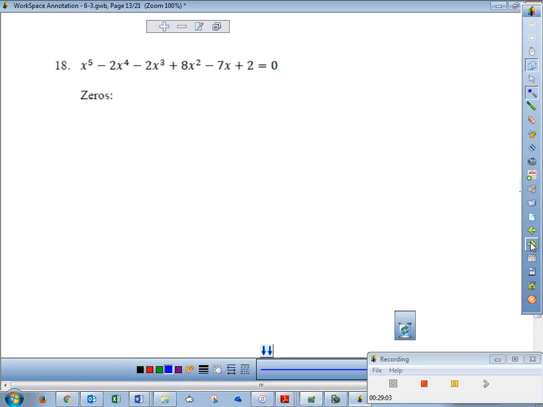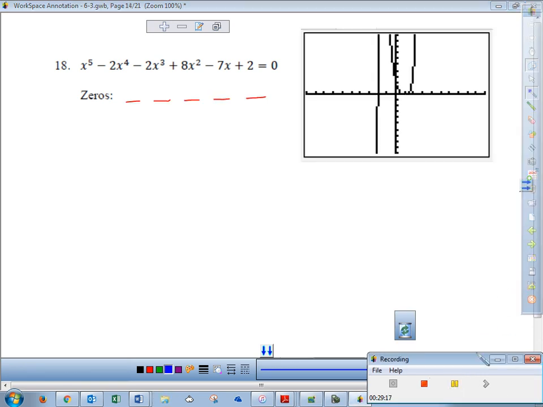Let's graph this guy. How many zeros are possible? 5. Fifth degree. Let's graph this guy. This looks like negative 2 right here. Testing for me, since I don't have him actually punched in, is negative 2 a root? Nice.